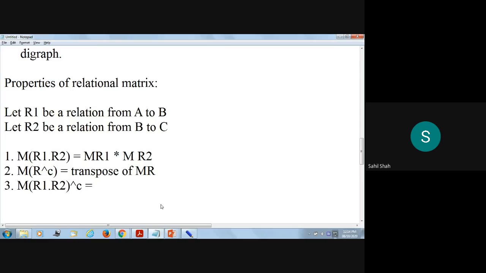This is equal to M of R2 converse composite R1 converse. This is further equal to M of R2 converse multiplied by, a matrix multiplication, M of R1 converse.